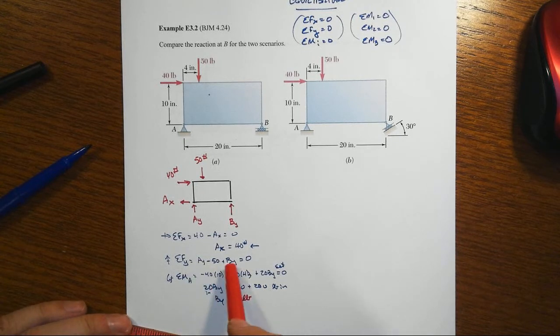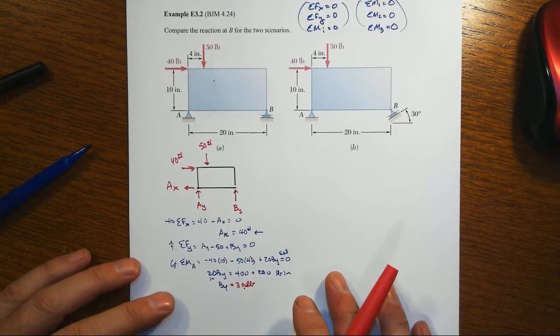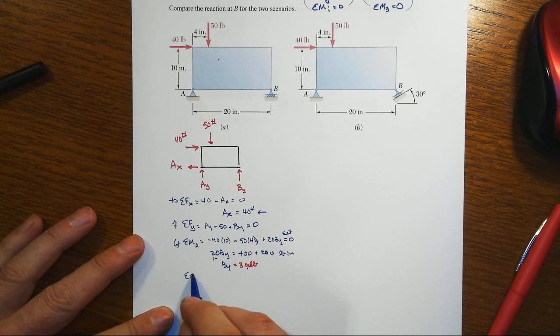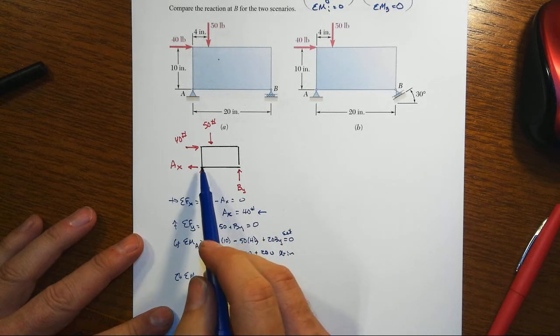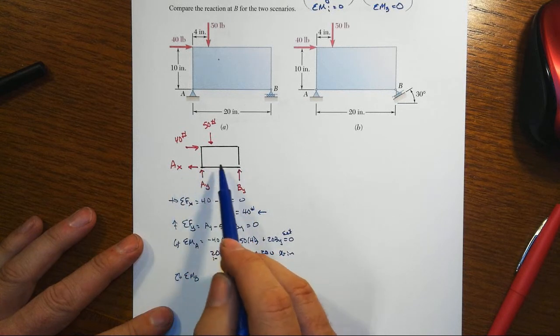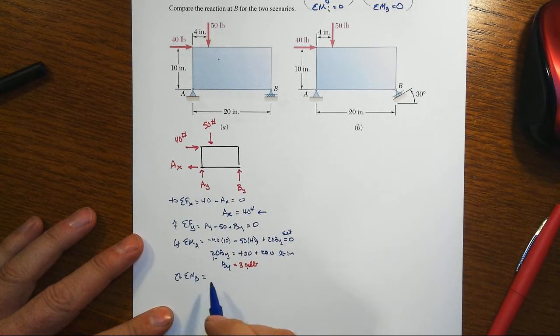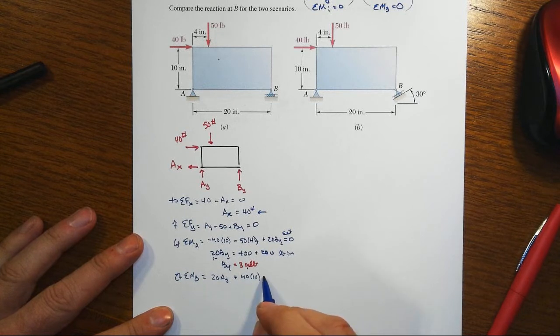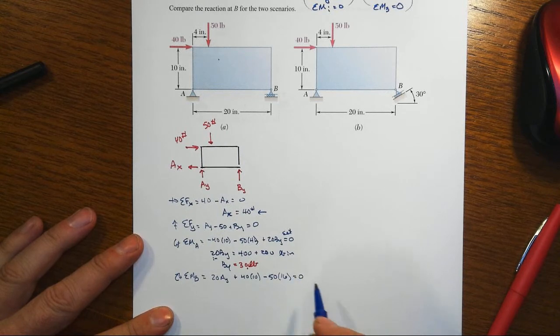I could come back up here and plug in and find that AY is going to be 20, but how about we do this independently so that if we have a mistake on the test, we won't end up screwing everything else up and we'll maximize our partial credit, right? I chose point A because I got rid of AX and AY. If we choose point B, it gets rid of AX and BY. So now we'll have 20 inches times AY plus 40 times 10 minus 50 times 16, that's the net of the 20 and the 4, equal to 0.